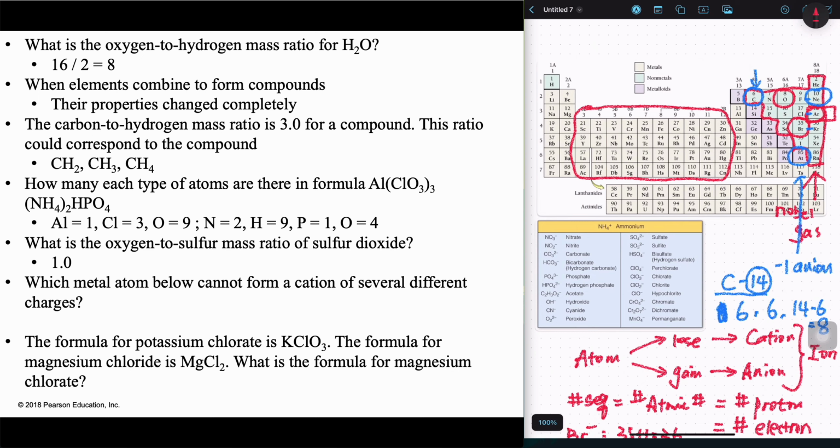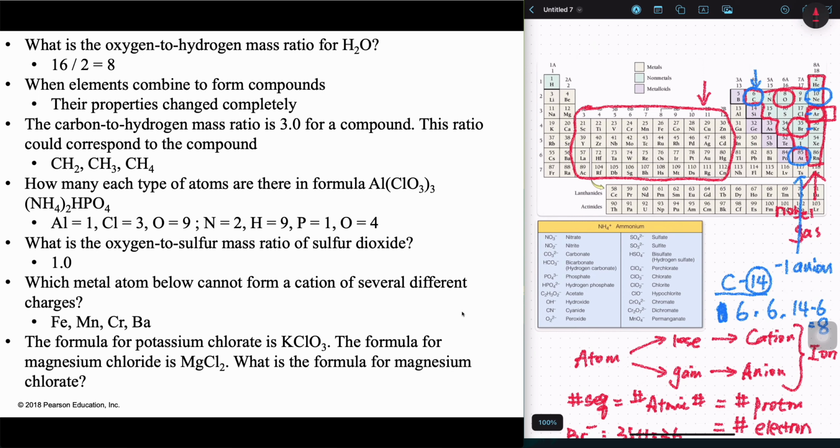The reason why we are not covering the properties of transition elements is because elements within this region tend to form multiple charges or have a very versatile charging state. That is why we can say any element within this region can form cations of different charges.